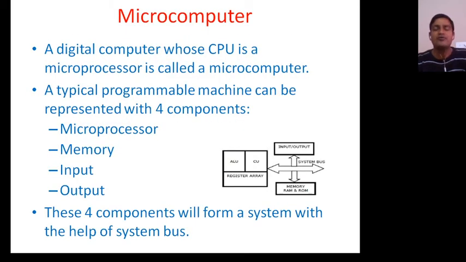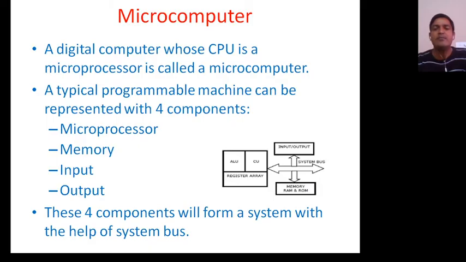Now come to the microcomputer. First, what is a digital computer? A digital computer has a CPU, input output devices, and memory. Okay, memory: RAM and ROM. When the CPU is replaced by a microprocessor in a digital computer, it is called a microcomputer.